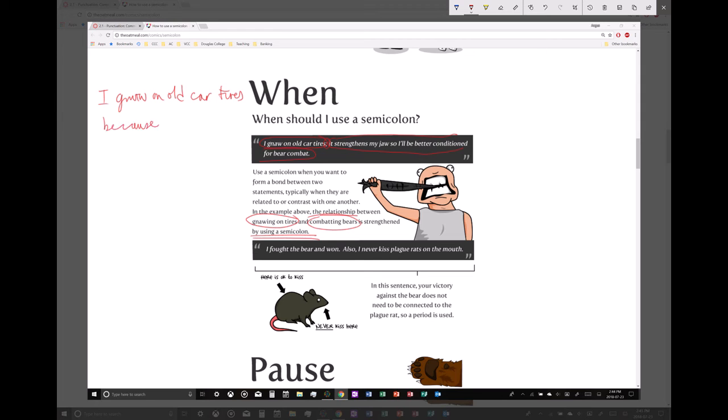Now, because is not so much a conjunction word, so you can't use commas with it. You might be tempted to go comma because, but that's not allowed. It's not and or but or nor or. You simply put because it strengthens my jaw, and so on. See? So here, just the connecting word because.